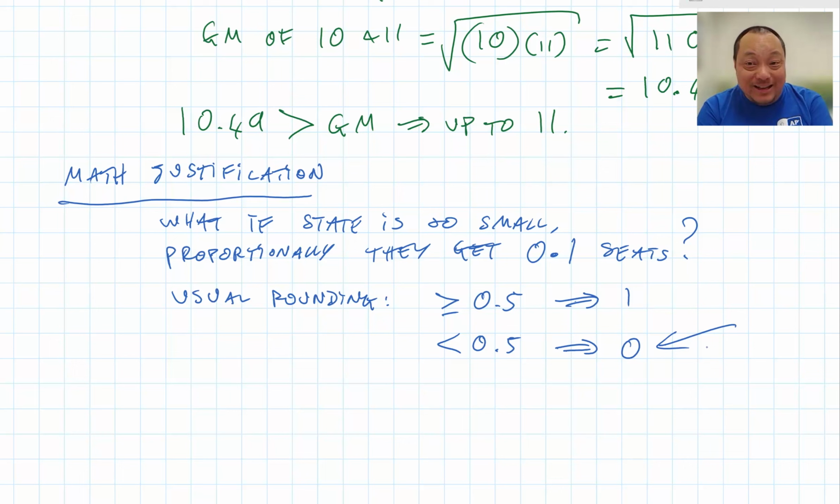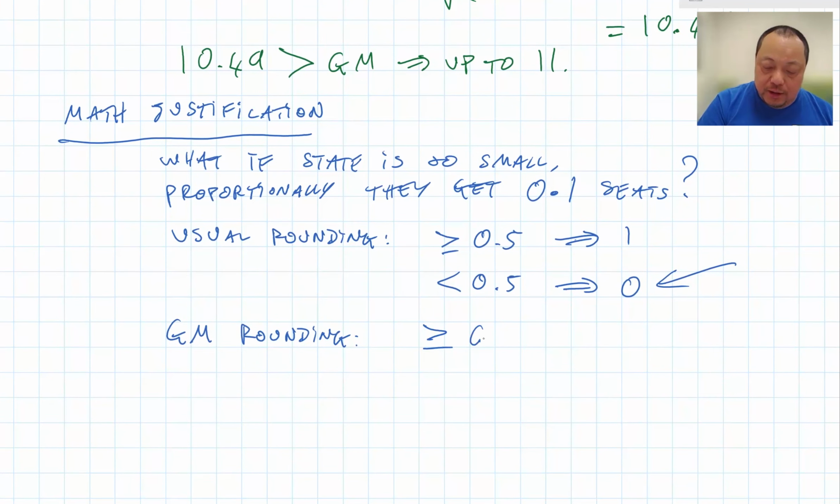The Constitution says every state should have at least one representative, no matter what the proportion comes out to be. So rounding down to 0 is not an option. What happens if we round according to the geometric mean? The rule is if it's greater than or equal to the geometric mean, it goes up to 1, and if it's less, it goes down to 0.